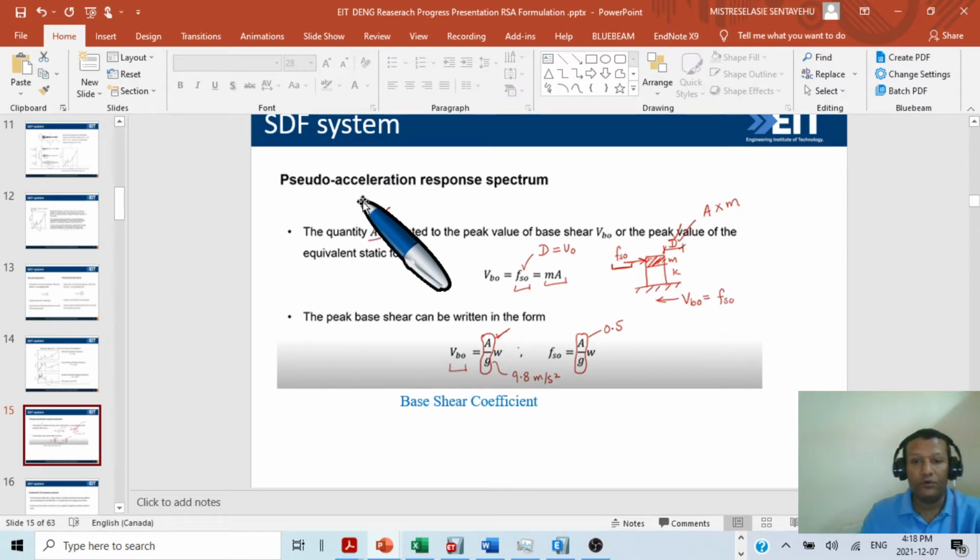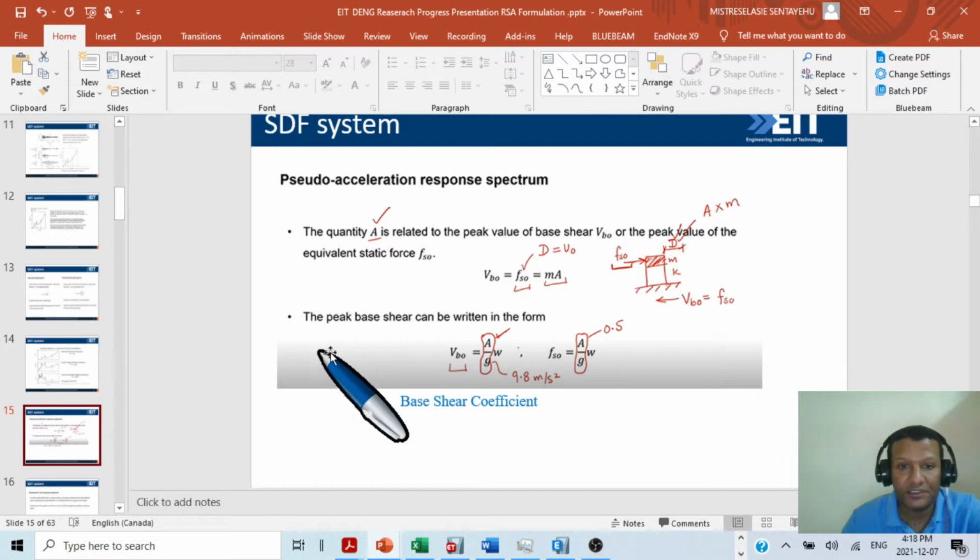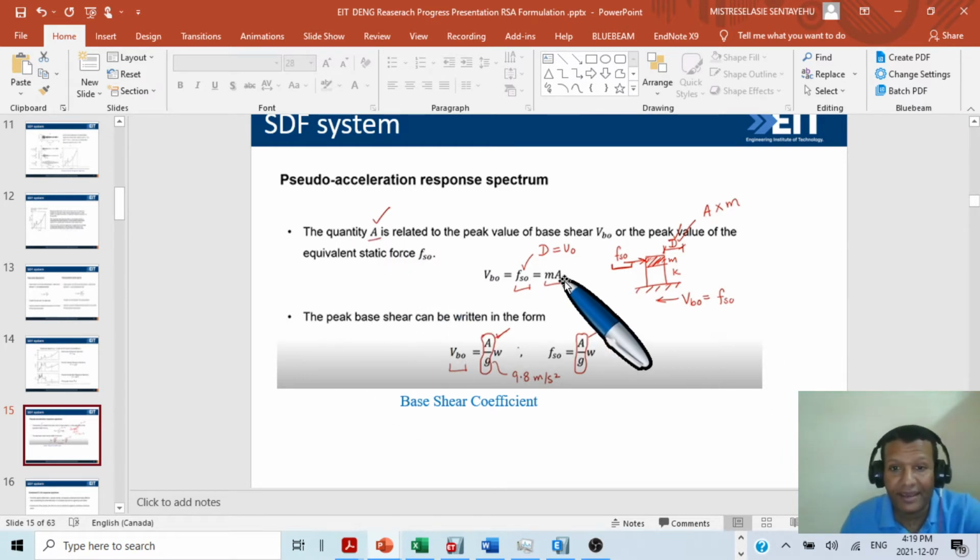So the pseudo acceleration response, once we have the quantity A, is related to the peak value of base shear V_bo, or the peak value of the equivalent static force f_so. Once we have M, we multiply it with A, the pseudo acceleration.